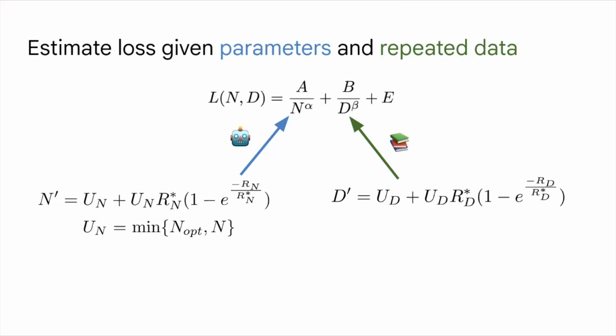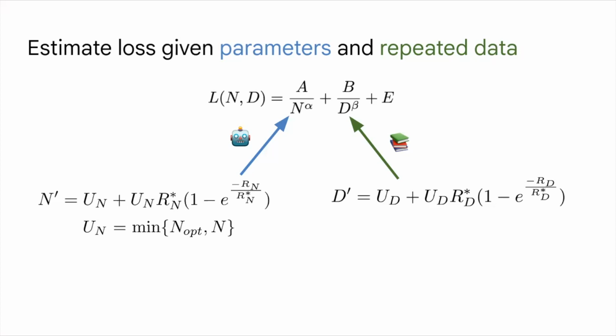So if U_D, for example, is 55 billion tokens, like in the setup we had earlier, then the corresponding optimal number of parameters is 2.8 billion parameters. So that would be N_OPT. And then that would be U_N if our N is bigger. And then the R_N value, the parameter repetitions, corresponds to the ratio of N and N_OPT. So it's how often do we repeat those optimal parameters in our setup.